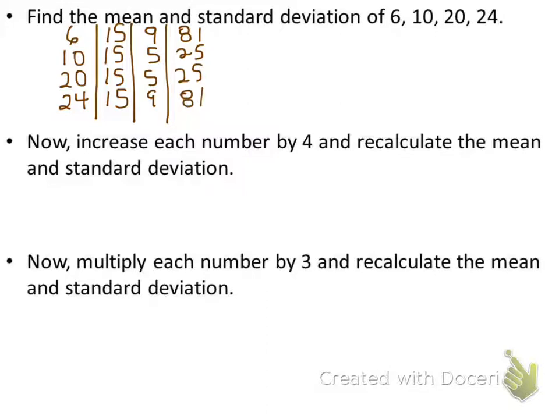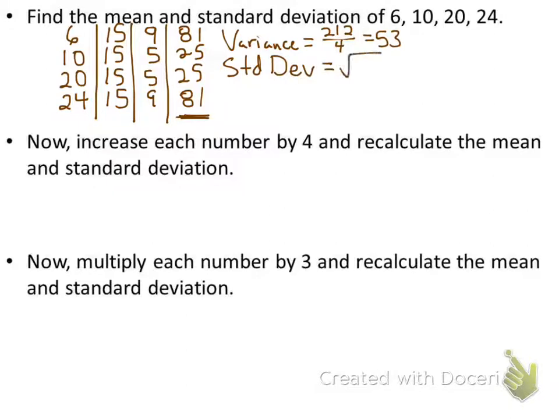Now, our variance is the average of this last column. So our variance is 81, 25, 25, and 81 added together, which gives us 212 over 4, which comes out to be 53. Now, once we have the variance, that means our standard deviation is equal to the square root of 53, which is approximately 7.3.